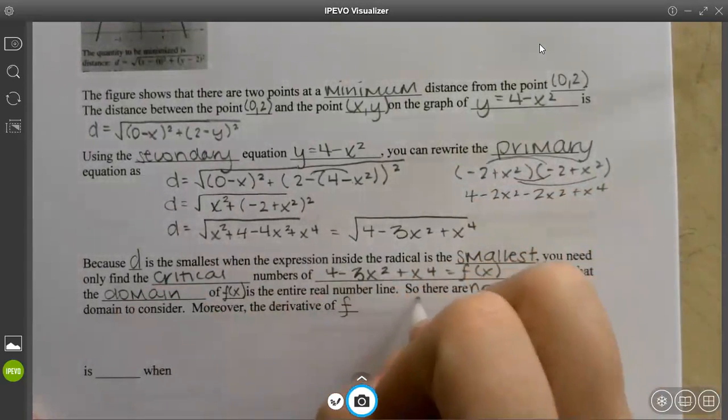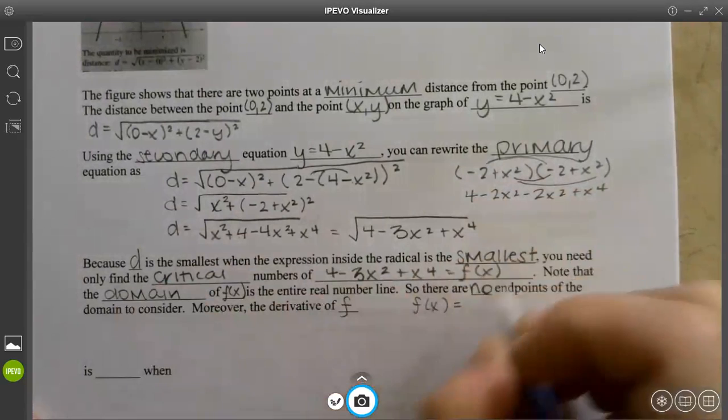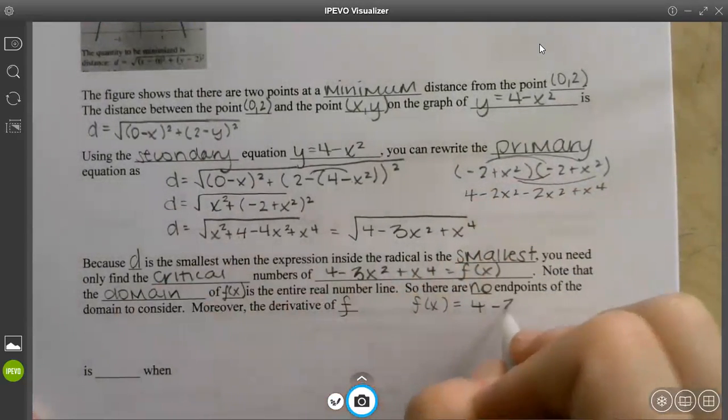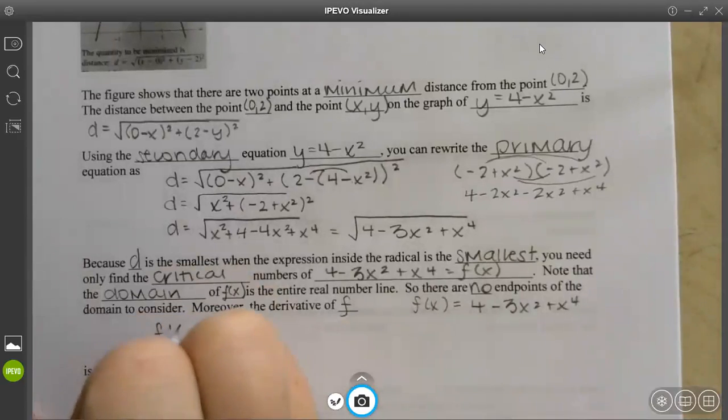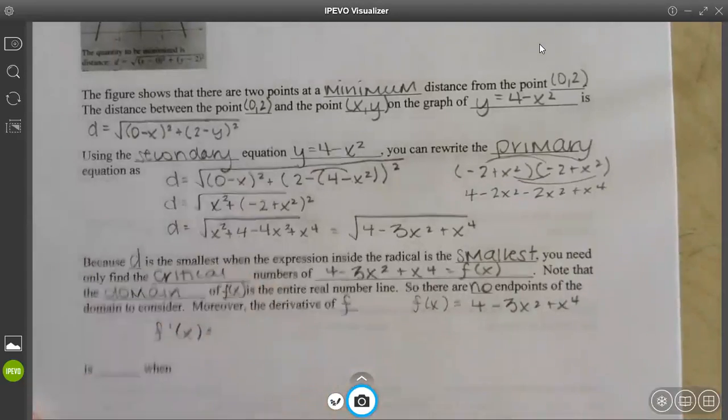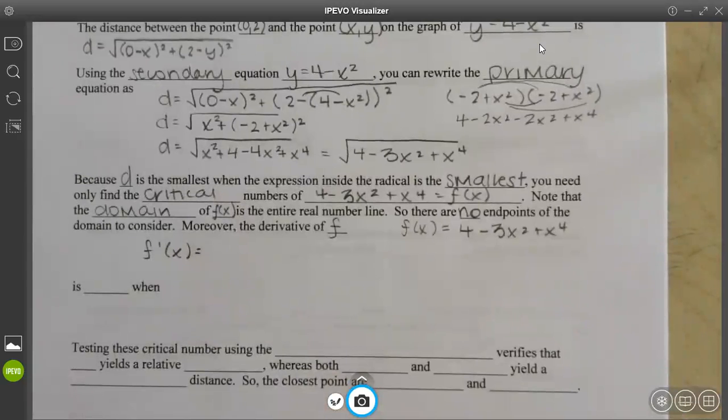So right now we're looking at f of x equals this. So what is your derivative? What's your derivative of f of x?